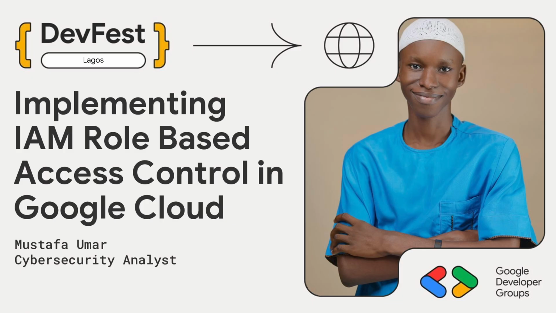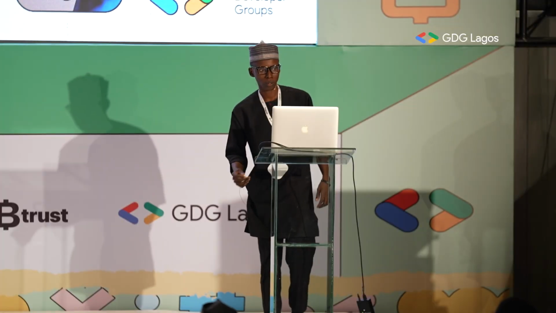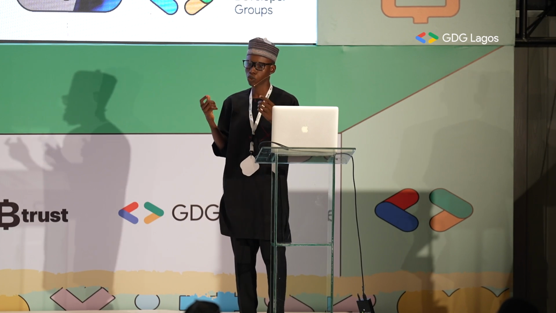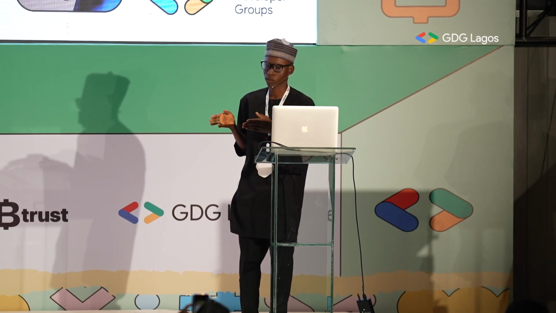Welcome to my session. My name is Mustapha Aumar and I'll be talking about implementing IAM role-based access control in Google Cloud. IAM means Identity Access Management, right? So the simple meaning of what I'll be doing is showing you how to implement access in Google Cloud.